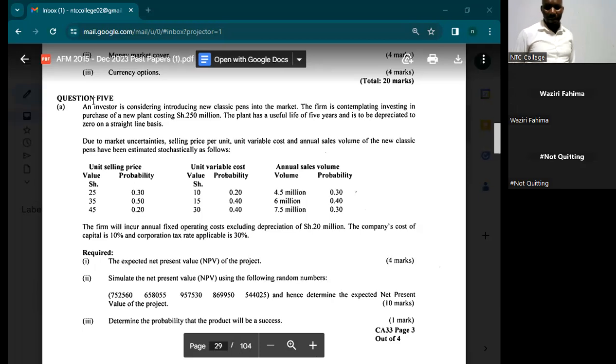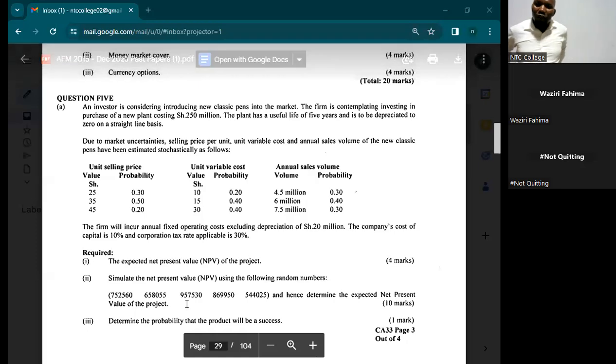What do you think is 250 million? When you read a question you need to understand from the start. The first sentence has come in, then the second. So the first one is the initial outlay. That is the cost of the machine or the project.